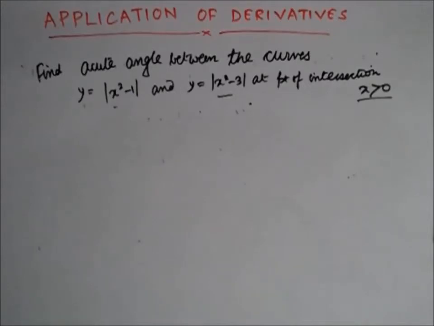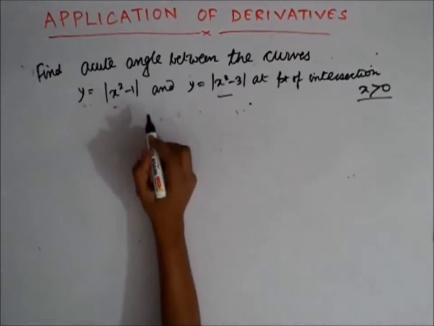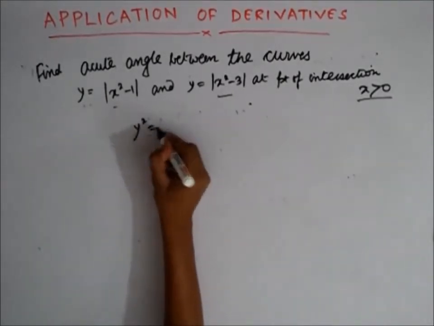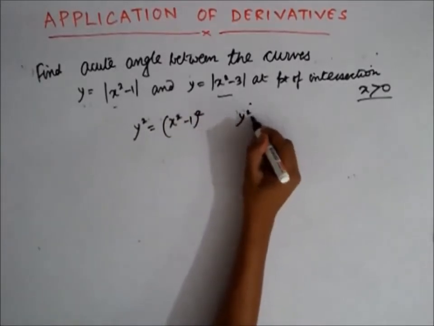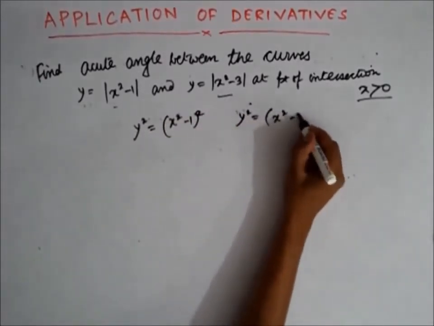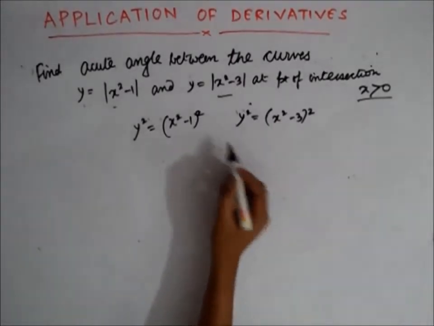First thing which we need to do is get rid of the mod sign. So to get rid of the mod sign, I'll square it. y square equals to x square minus 1 whole square, and here y square equals to x square minus 3 whole square. Now I'll equate both the sides.